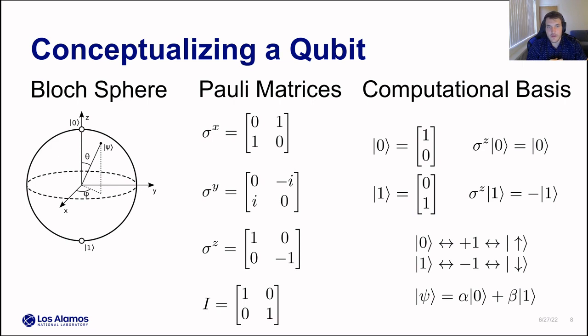So usually what we're working with is the computational basis, which uses the eigenvectors of the Pauli Z matrix. So I have the Pauli matrices shown here, the Pauli X, which often ends up performing similar to a NOT gate on a quantum computer, the Pauli Y, which is a little bit harder to conceptualize, and then the Pauli Z, which is quite often what we're measuring on.